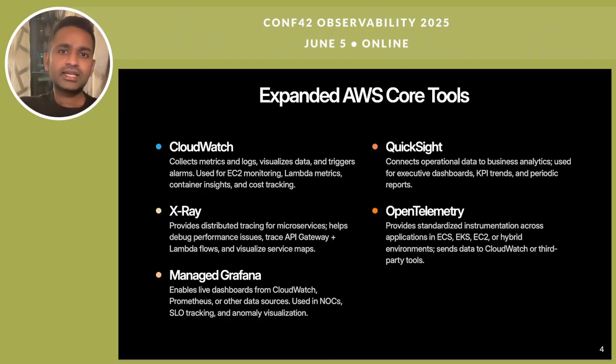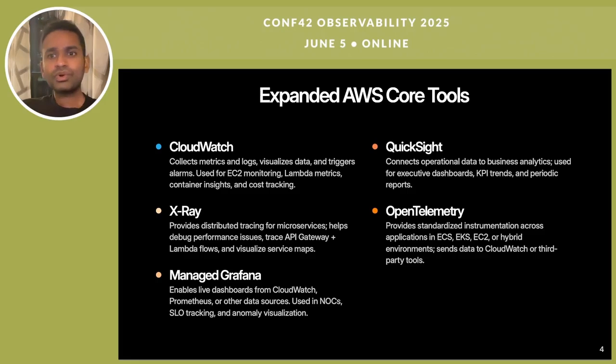Let's understand some of the core services in AWS. The very first one is CloudWatch. When it comes to capabilities, it is used for log collection, metric aggregation, and customizable dashboards for alarms and automated actions. The general use case is general purpose monitoring, alerting, and automated responses.